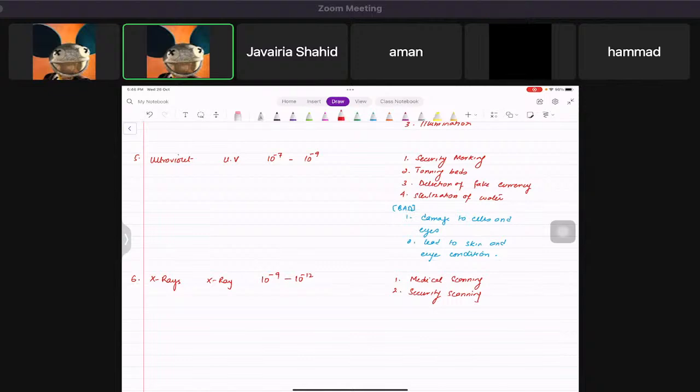The thing is that this is radioactive, which means that it can cause mutation and damage to body cells. So you guys need to take care of it.